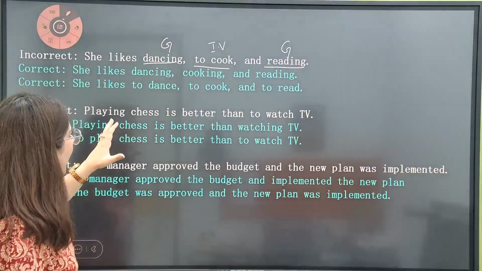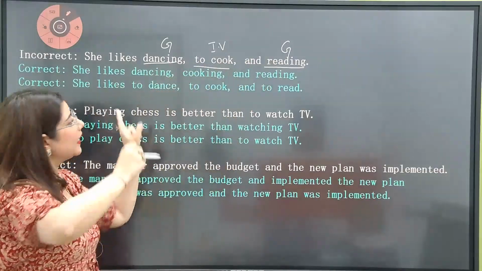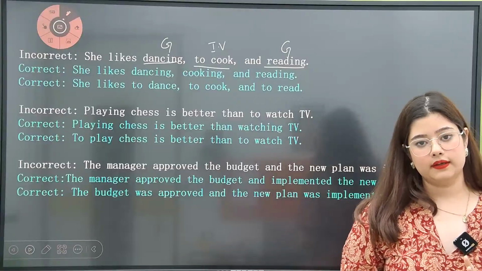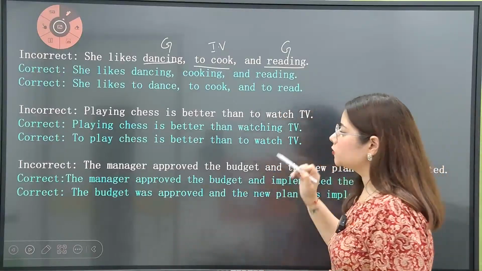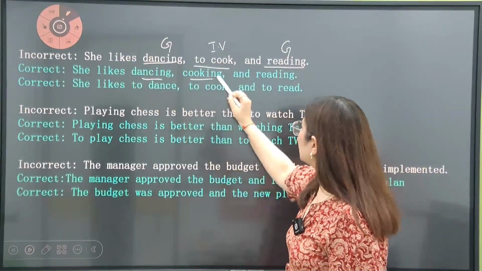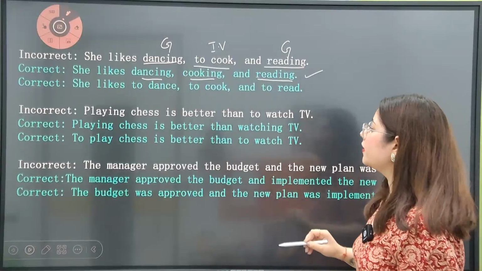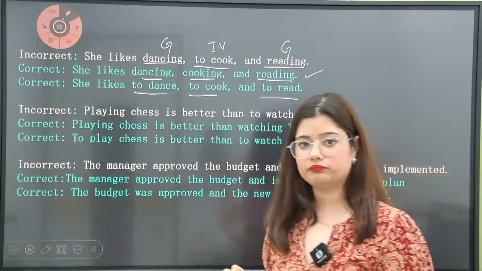Right? I would try कि या तो तीनों gerunds हो या तीनों infinitive verb के form में हो. Right? In order to maintain that similar sentence structure. So I can change it to she likes dancing, cooking, and reading. This is one probable option. Or she likes to dance, to cook, and to read.